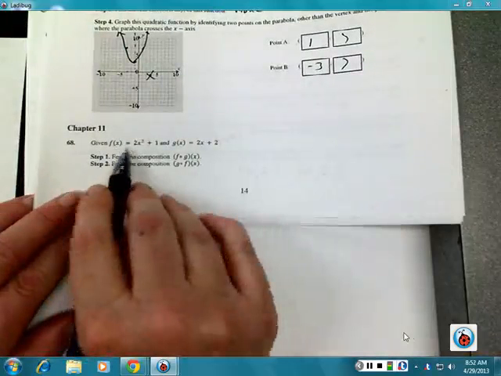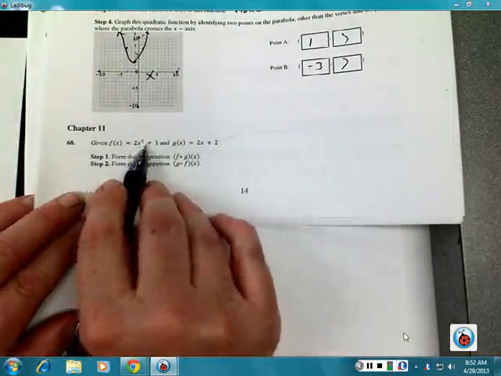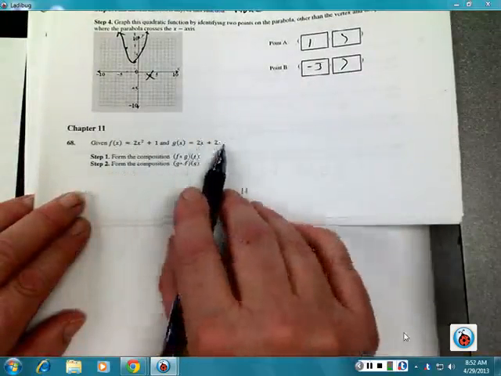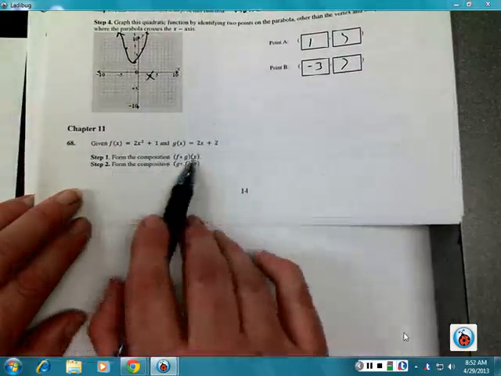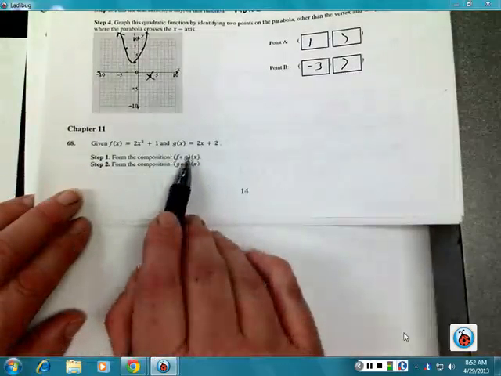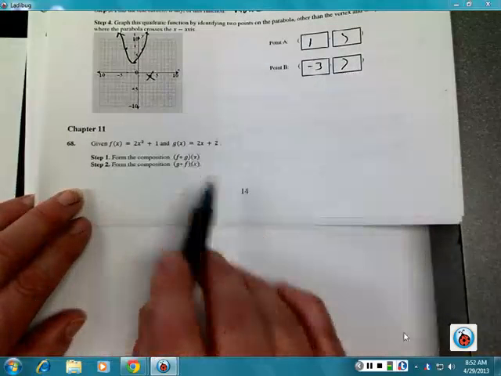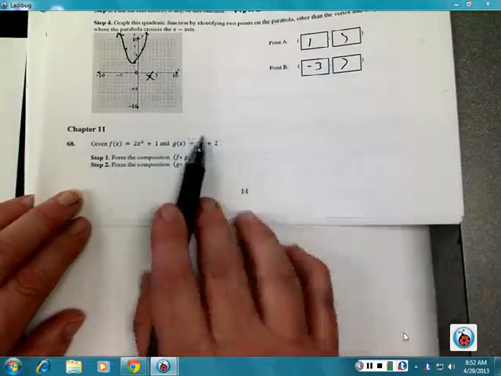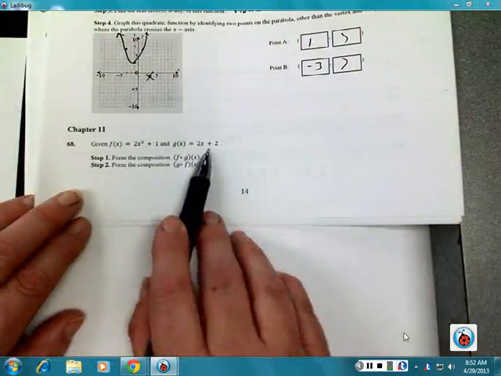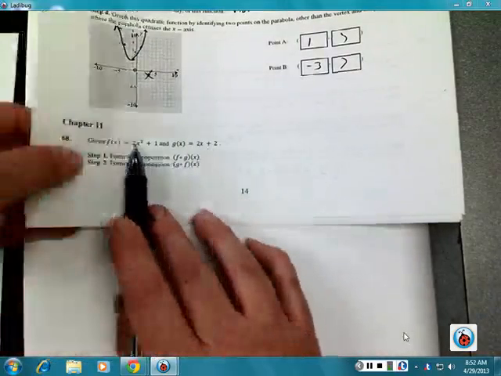Number 68. What do I do with it? 68 says I have this equation: f of x is equal to 2x squared plus 1, g of x is equal to 2x plus 2. And I want a composition, f of g of x, which means I want to take g and put it into x.